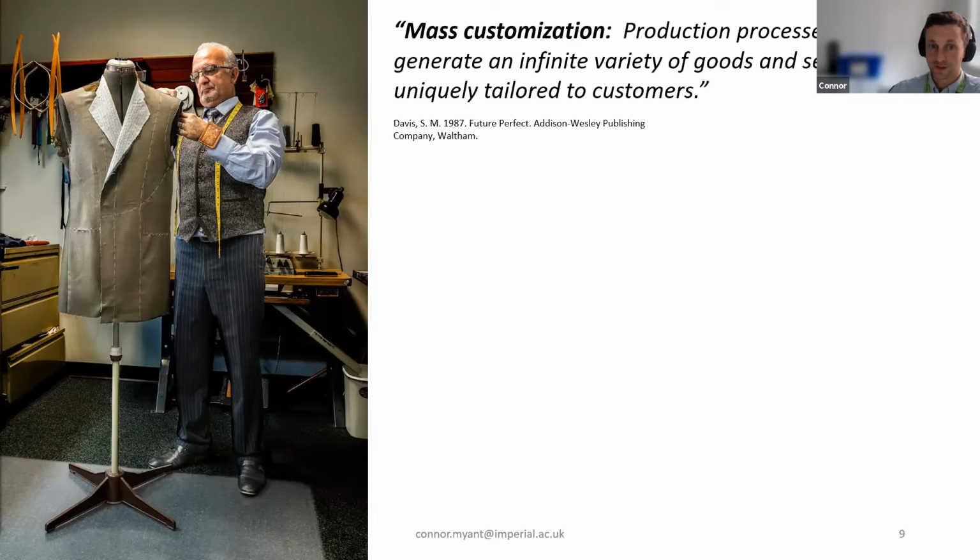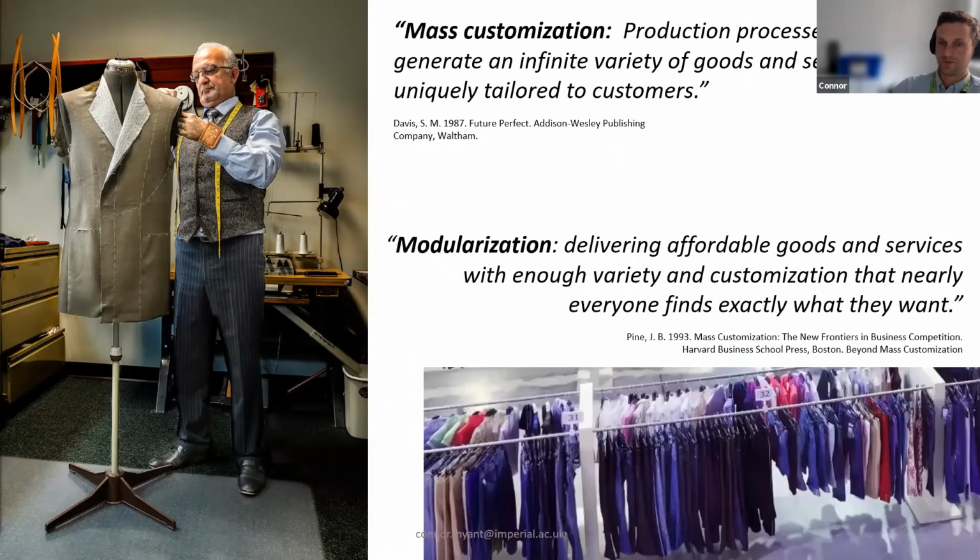And this is in contrast with what most of us experience in everyday life, which is a design process called modularization. That is where we limit the number of choices you have. And so in clothes and in many other products, that's done in sizes, typically just small, medium, and large. There might be a little bit more variation in that.